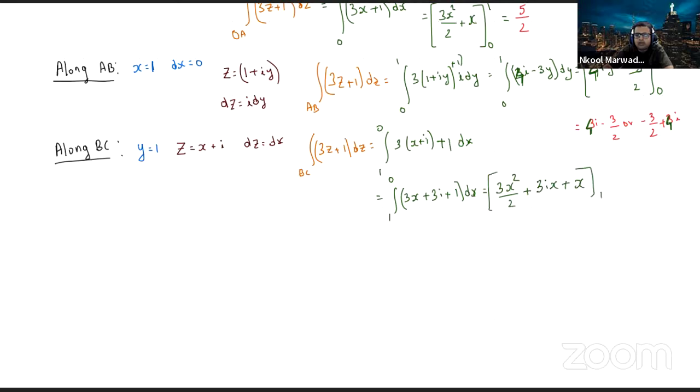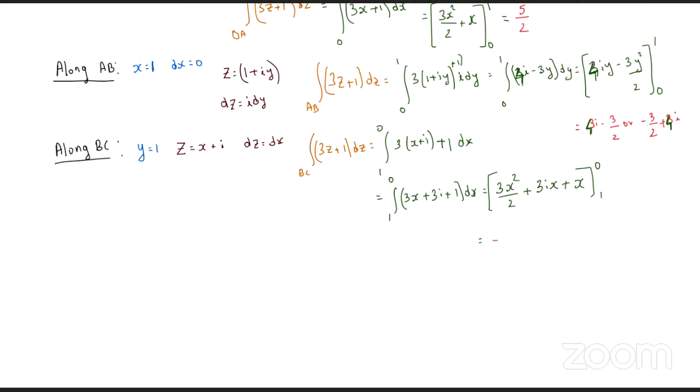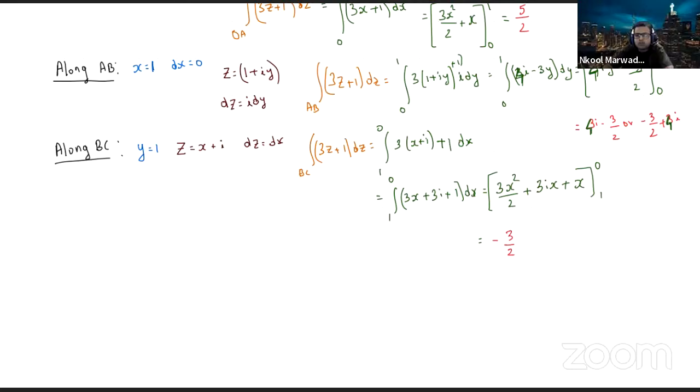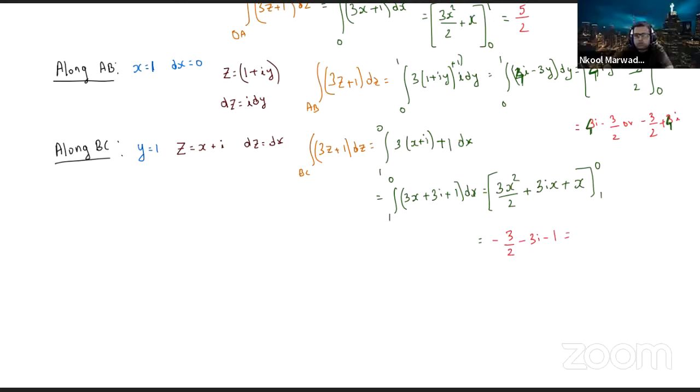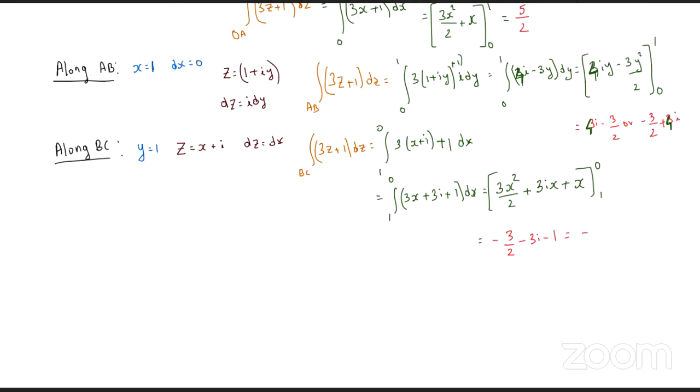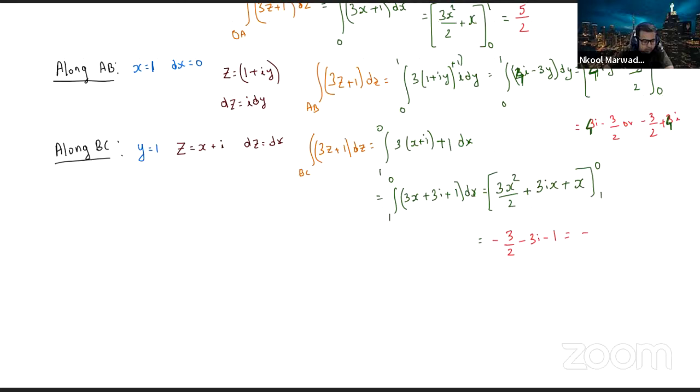So at 0 everything will become 0, then minus. Because the limit is from 1 to 0, we always take upper limit minus lower limit. So minus 3 by 2 minus 3i minus 1, that is, minus 5 by 2 minus 3i. So this is along BC.